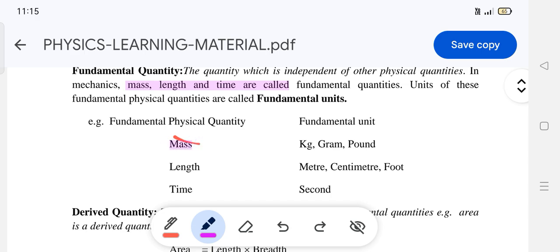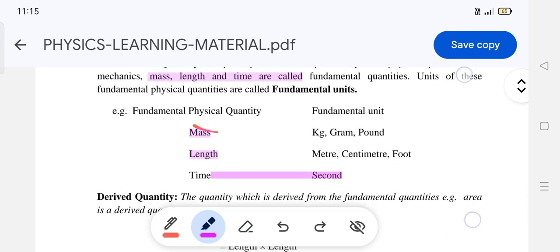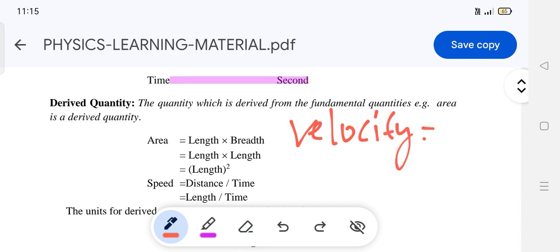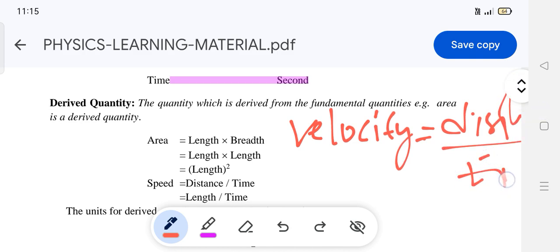Derived physical quantities. Now what are derived physical quantities? As the name says, they are derived from the fundamental physical quantities. For example, if we take velocity equal to displacement by time, displacement is measured as length, by time t.